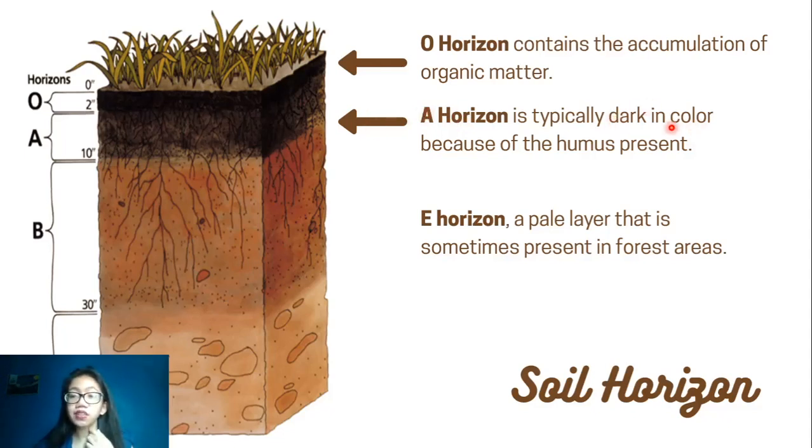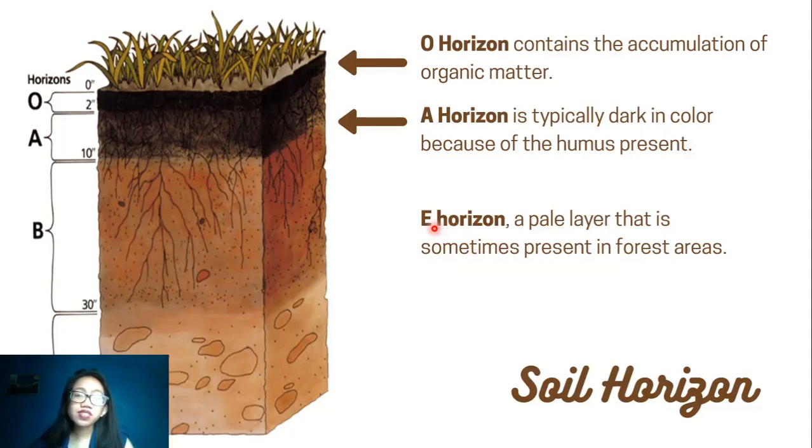This is typically dark in color because of the humus present. So whenever we are digging up in order to plant seeds, trees, this is where we usually put them, in the A horizon. If you go deeper, you might find an E horizon. So this is a pale layer that is sometimes present in forest areas. It is not indicated in this slide because there's no E horizon in this diagram right here.